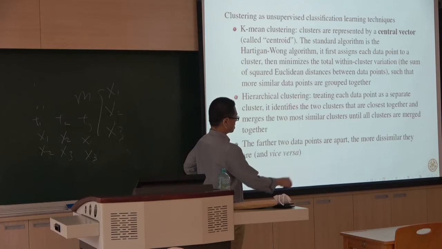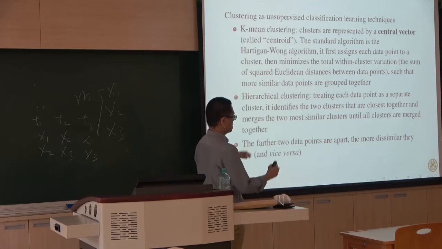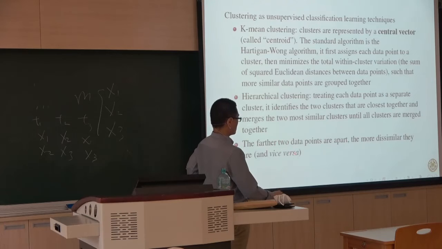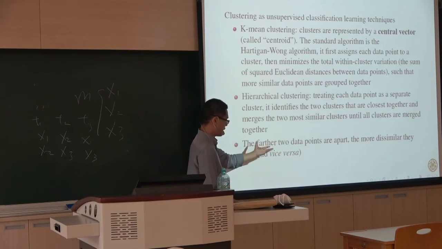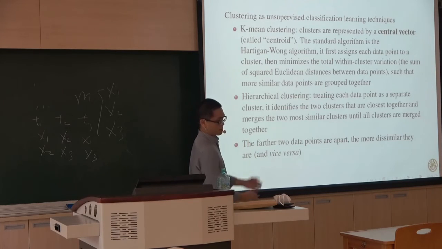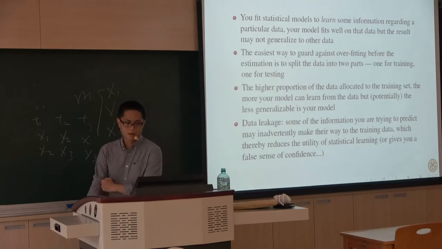Then you identify the two clusters that are closest together and merge the two most similar clusters, all the way up until all clusters are merged together. This is based on the assumption that the farther apart two data points are, the more dissimilar they are. On the other hand, if the two data points are closer, then they should be more similar.